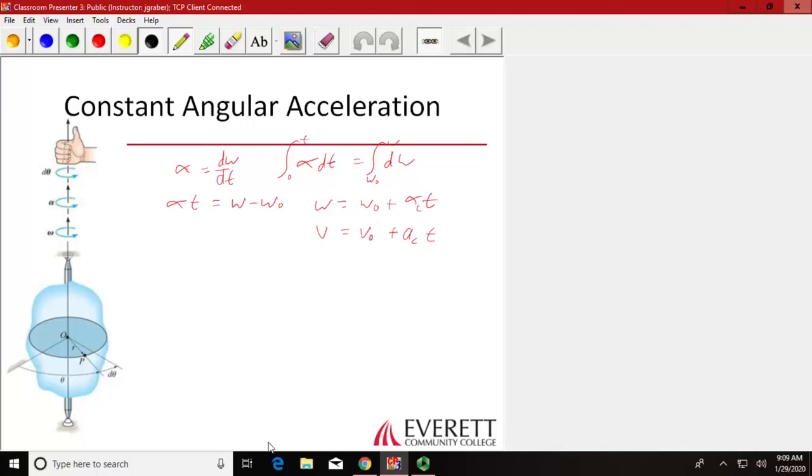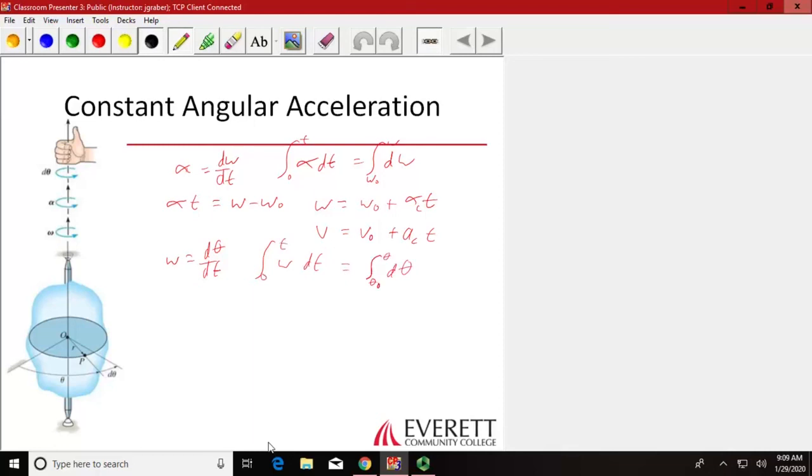We then use our second one, which is omega equals d theta dt. And we do the same thing: the integral of omega dt equals the integral of d theta from theta naught to theta, and from 0 to t.